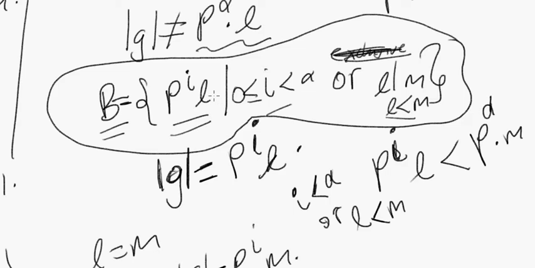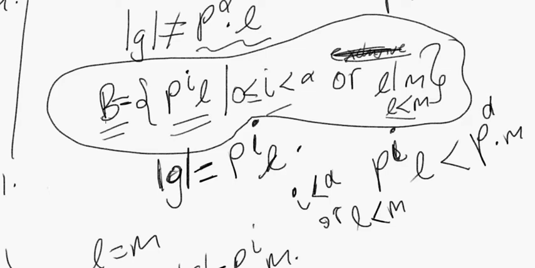Well, what would it mean to show that there's something inadequate about the set B of all possible orders of elements?